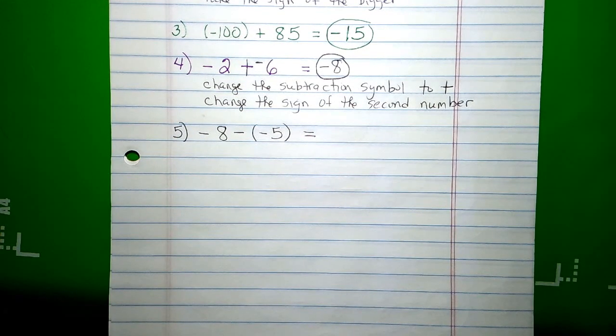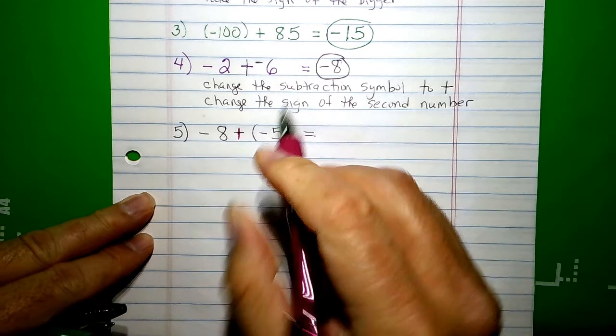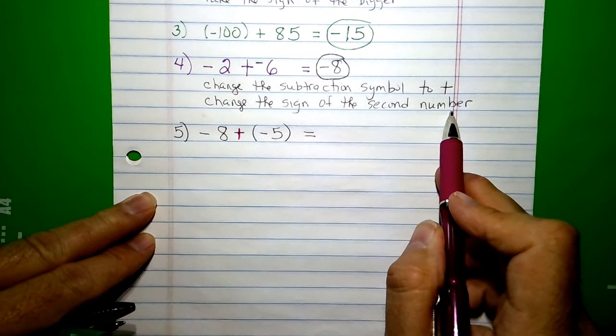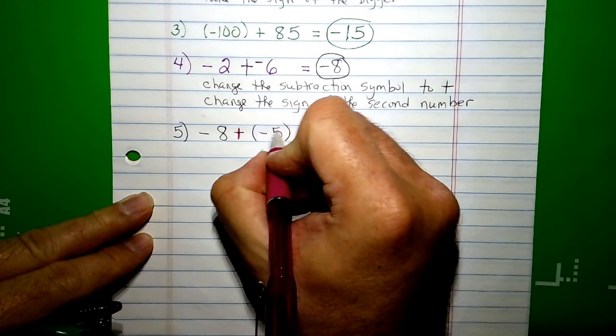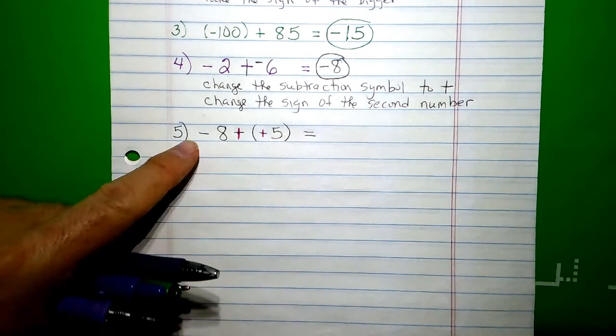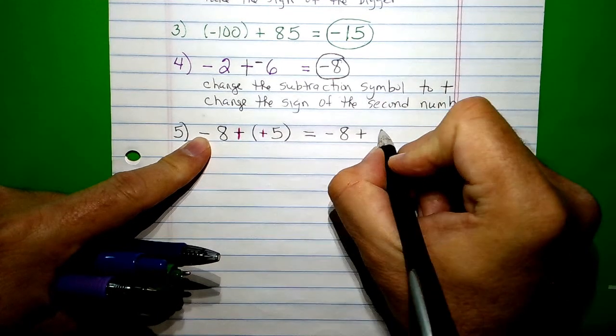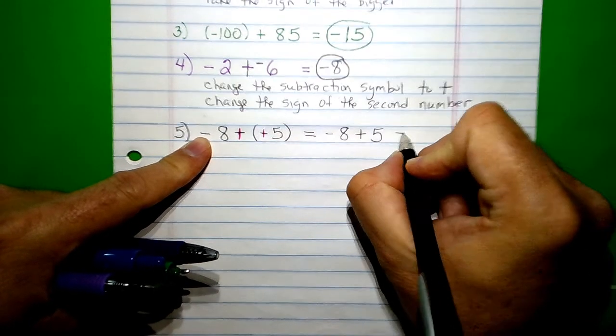Okay, so I'm changing this to a plus. And then change the sign of the second number. So this negative 5 needs to be a positive 5. So here's what we have. We have a negative 8 plus 5.